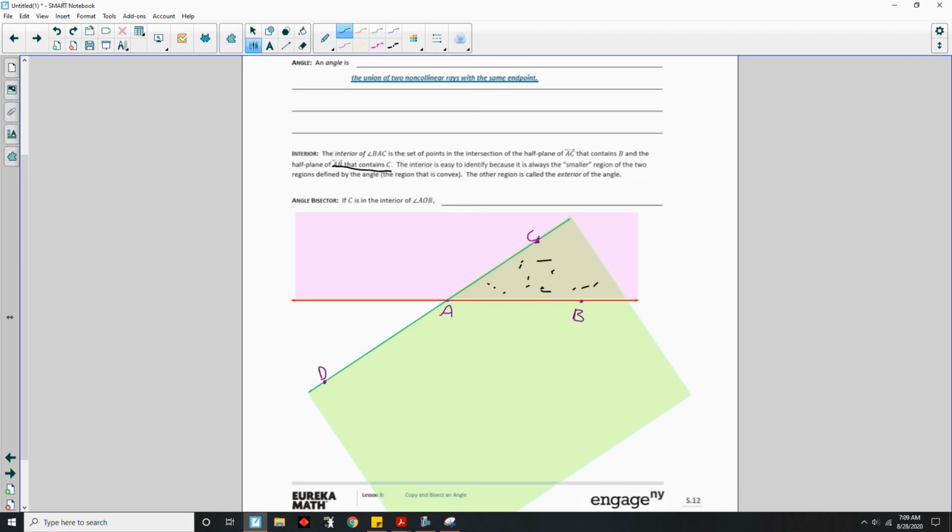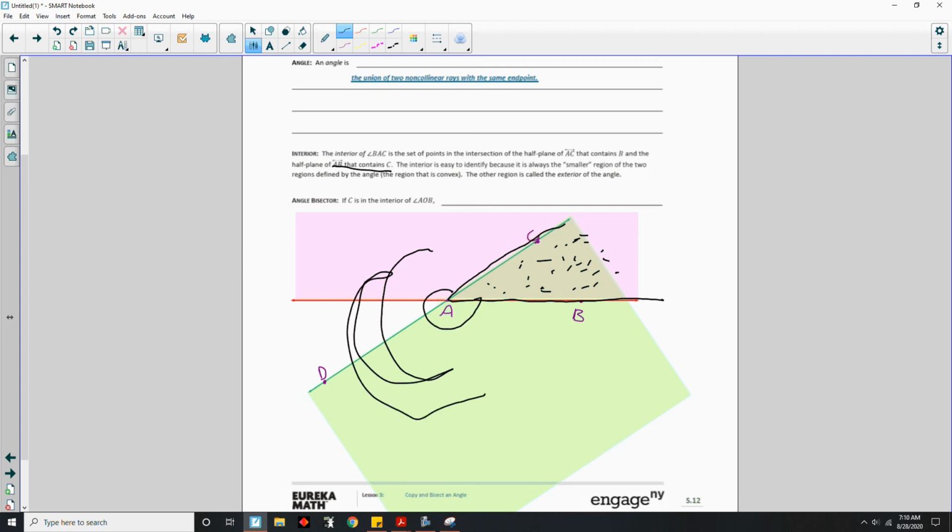So my angle is angle CAB. CAB is right here. My angle is anything in here. So that is the interior of this angle right here. Anything outside is the exterior. Anything out here is the exterior. Okay.